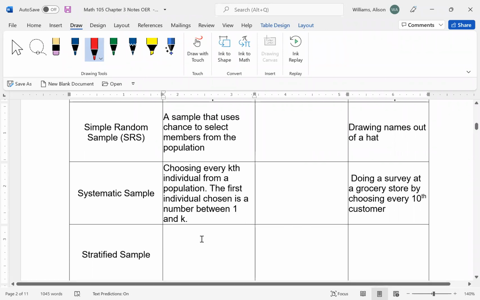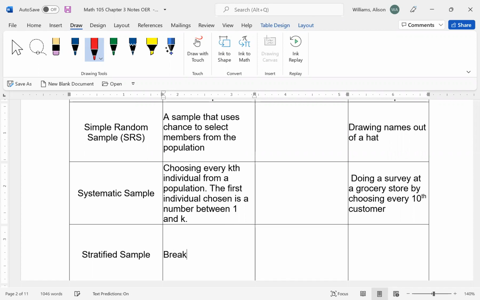Okay, stratified sample is first you break up the population by a common characteristic that you're interested in studying. Then do a simple random sample of each group.